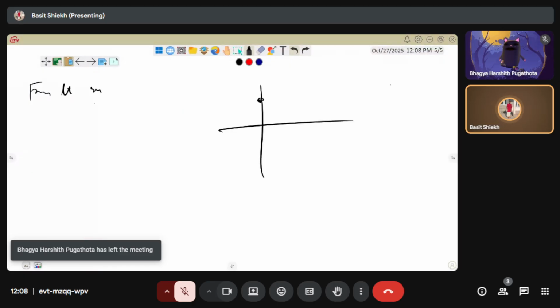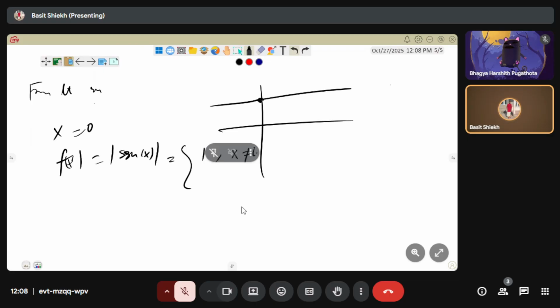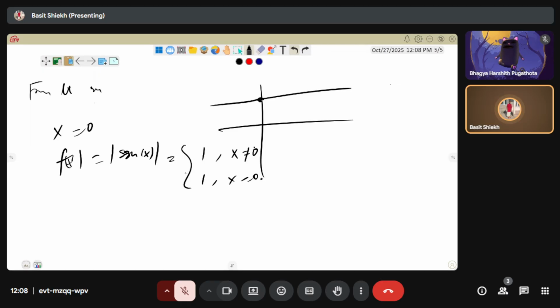If we redefine this function at x equal to 0, if we define f of x, which was modulus of sgn x, equal to 1 for x not equal to 0 and 1 also at x equal to 0, then my function becomes this.